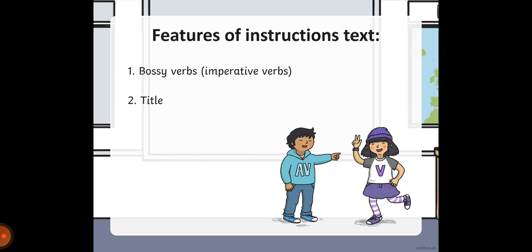Number two, a title. We need to write a title in the middle of the text that tells us what we are doing or what this text is about. Number three, subtitles. Subtitles are what we need and what to do. They're like small titles that we put in the text that help us know what we are doing. Number four, numbered steps.